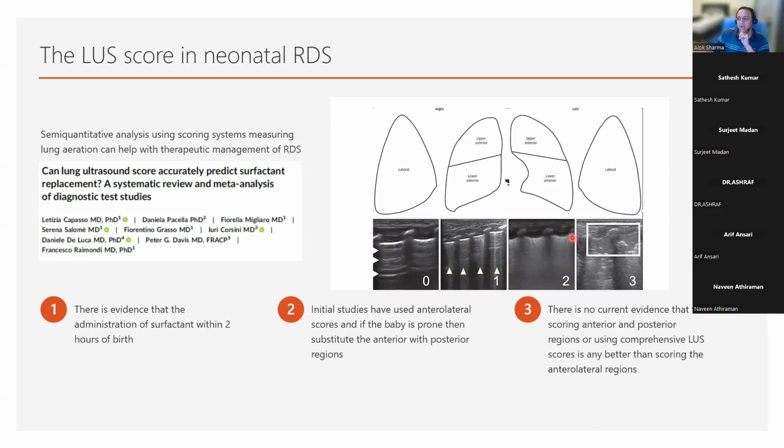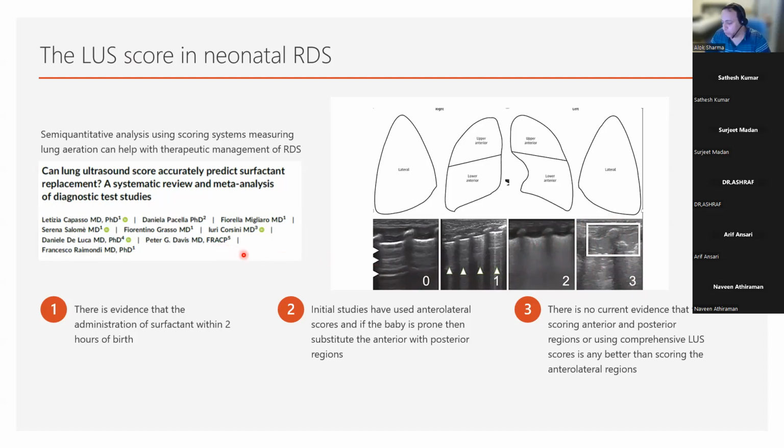Then classically you've got an AIS appearance with subpleural consolidations, to the point where by the time you reach a score of 3, in Brat's classification, you basically have no pleural line. You have static air bronchograms with quite significant deep consolidations, and there's atelectasis. So you've got a transitioning score which tries to quantify the severity of respiratory distress syndrome.